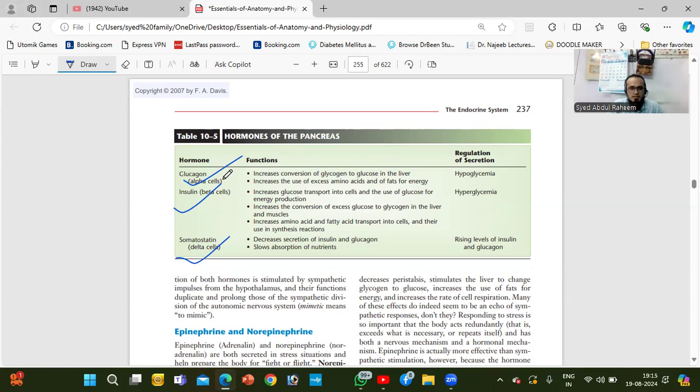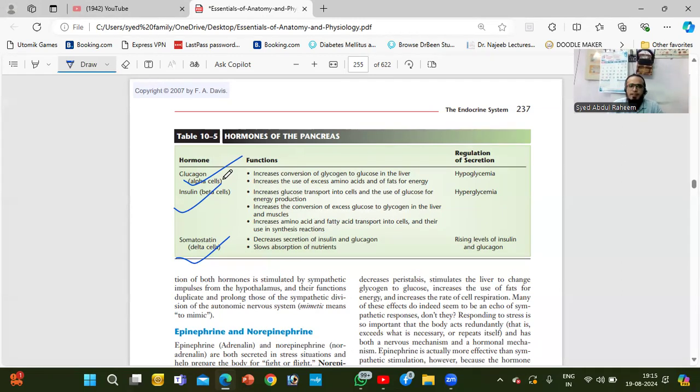What are alpha cells? Alpha cells release glucagon, the beta cells release insulin, and the delta cells release somatostatin. So what does glucagon do?